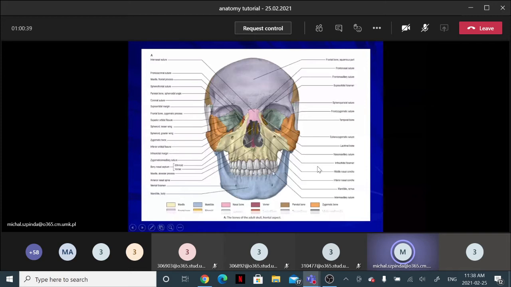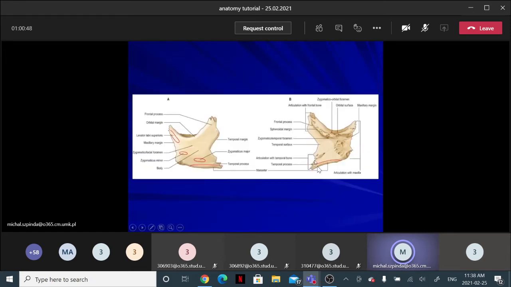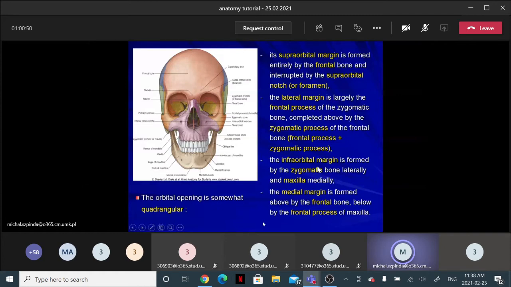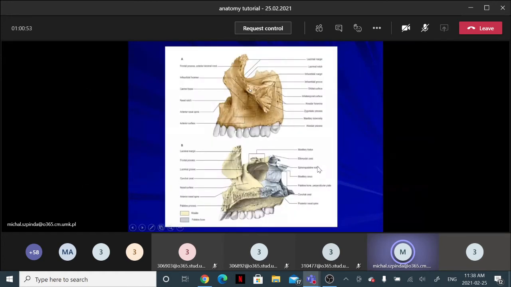This was discussed, and maybe maxillary bone, zygomatic bone, maybe some very simple things concerning the maxilla. So the maxilla has 5 parts. Its body with 3 surfaces: anterior, medial or nasal, and posterior or infratemporal.